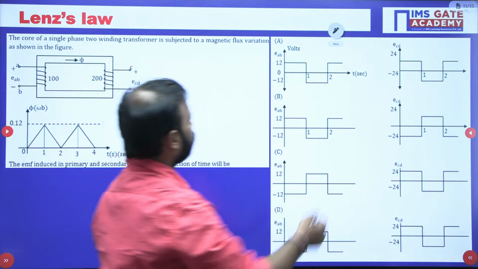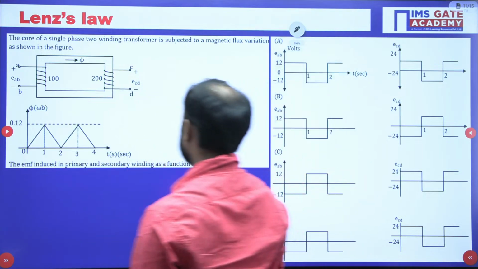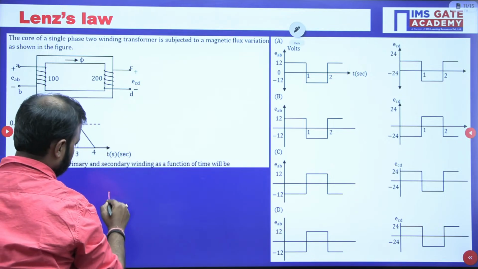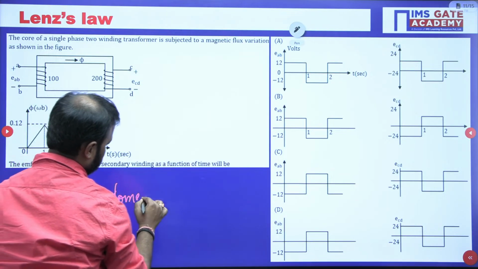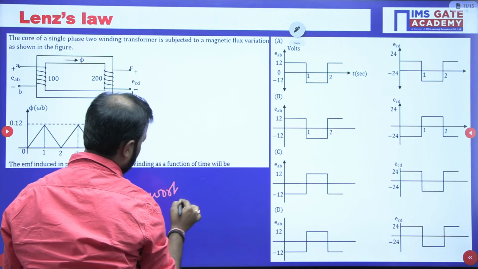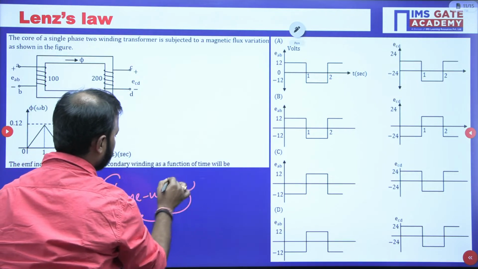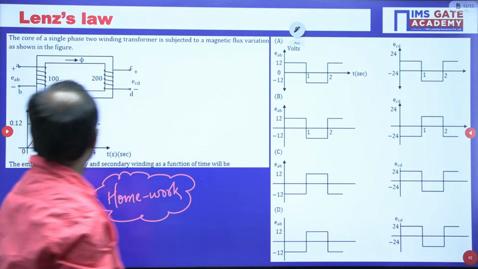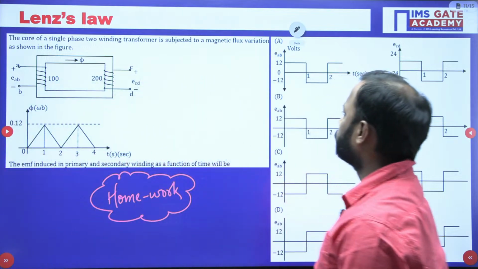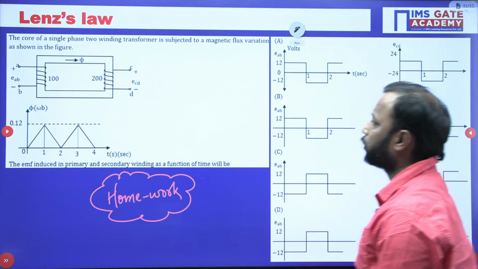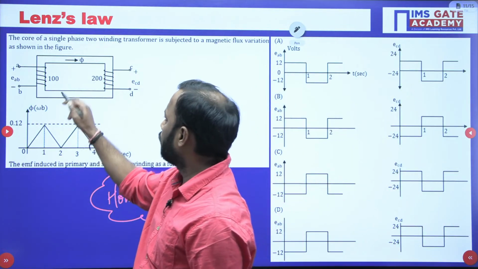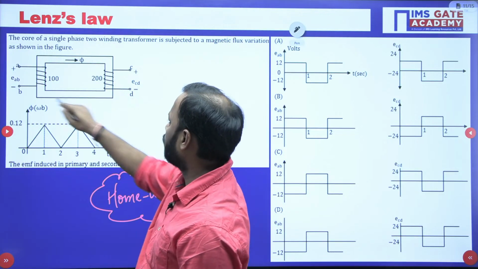So this is a question. Take this as a homework question. Okay. The core of a single phase 2-winding transformer is subjected to a magnetic flux variation as shown in the figure. So this is a transformer where flux is flowing in this direction in the core.